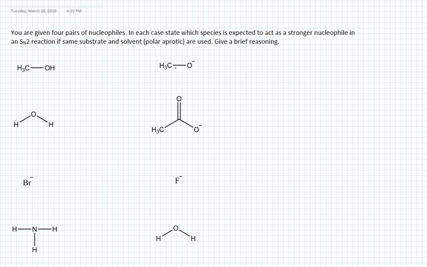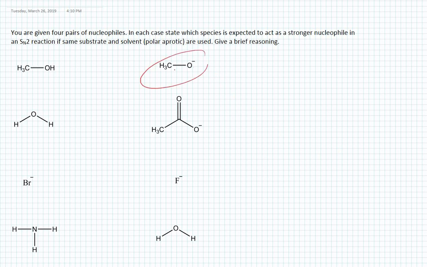We know that in an SN2 reaction, the good nucleophile will be the more basic in general. So basically, a conjugate base is going to react faster than its acid form. So definitely this molecule, methoxide ion, let's circle it, it's going to be a better or a stronger nucleophile.